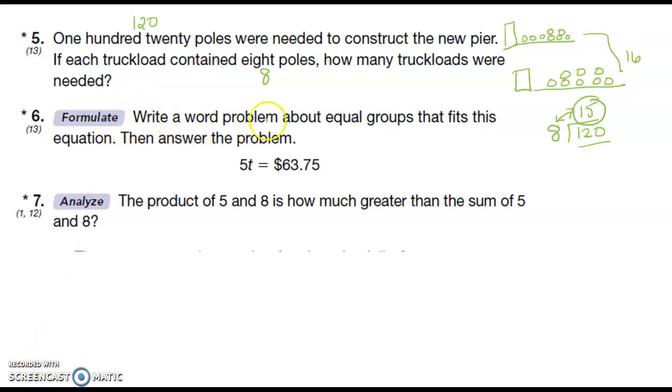All right, write a word problem about equal groups that fits this equation, then answer the problem. So we will have to answer it. All right, let's see. Mrs. Ross bought 5 cakes from Margie's, and she ate them all.